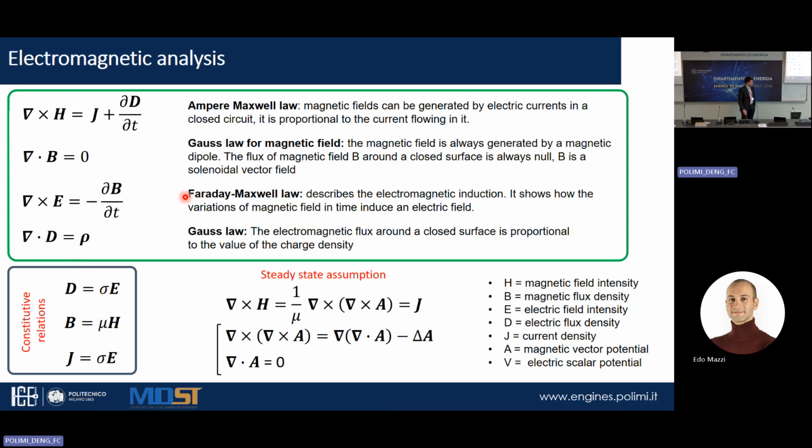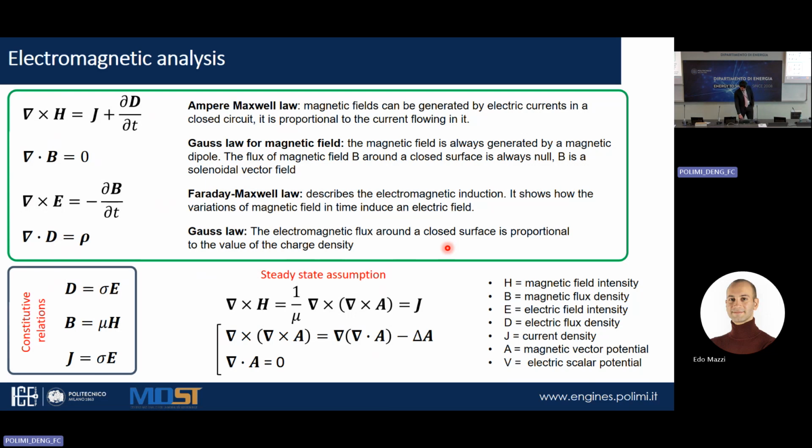Sorry, it's always difficult to associate all the names to the variables. But we have this main relationship, and then constitutive relations that are basically linking these quantities between them.